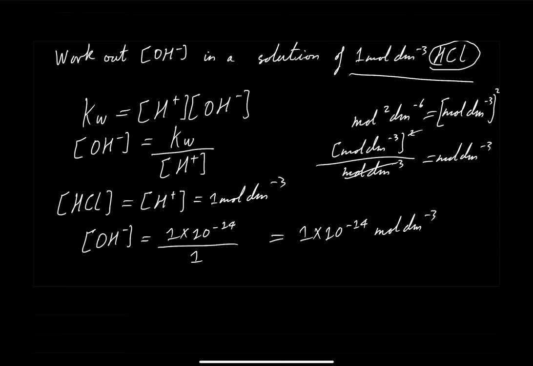Now, this is the answer, but if you're ever unsure about whether or not my answer is correct, the first thing you think to yourself is, does that make sense? In a solution of strong acid, would we expect our OH minus concentration to be that low?